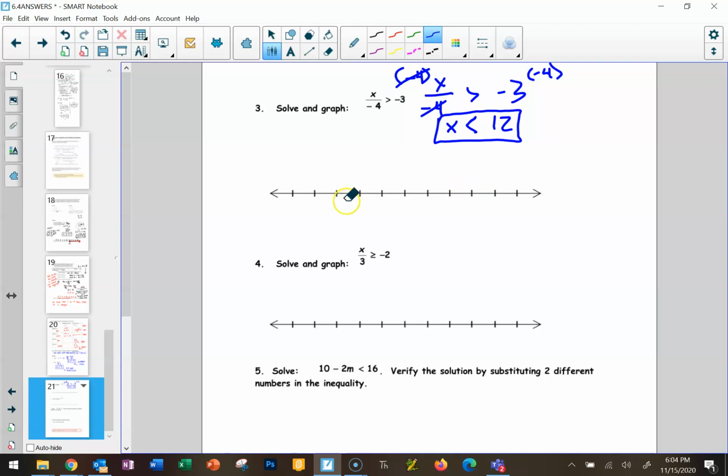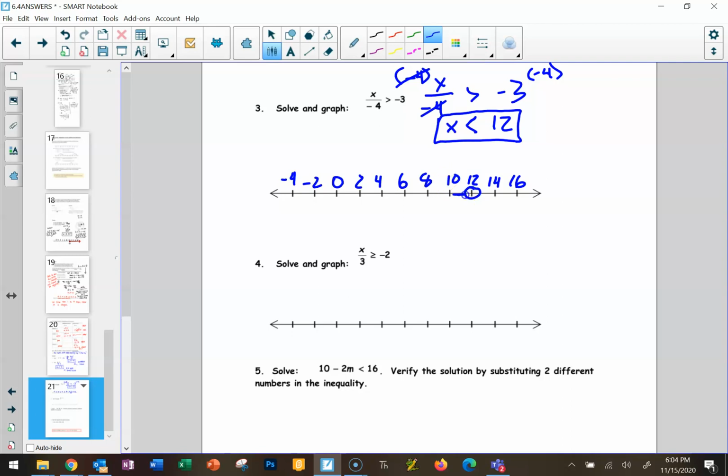So let's check that out. I'm going to verify it over here, but I'll just plot it out quickly here. If this is 0, 2, 4, 6, 8, 10, 12, 14, 16, and -2, -4, we are less than 12. So let's circle 12, but not fill it in.